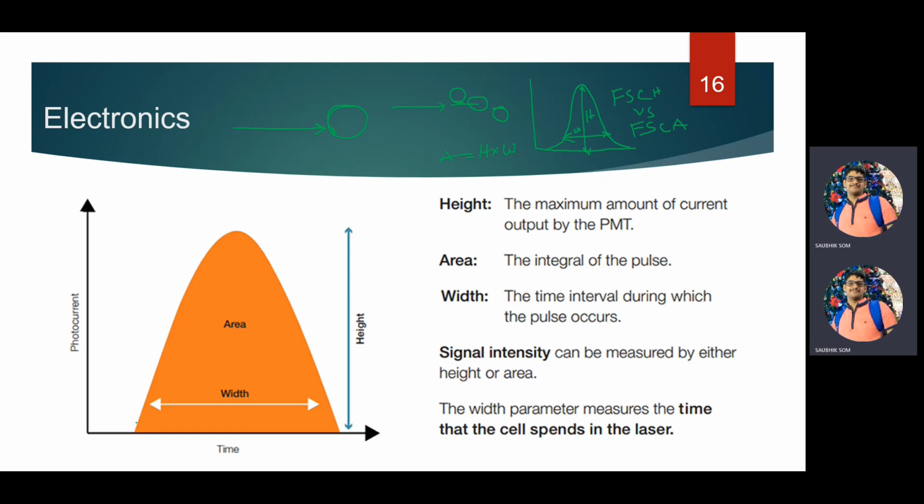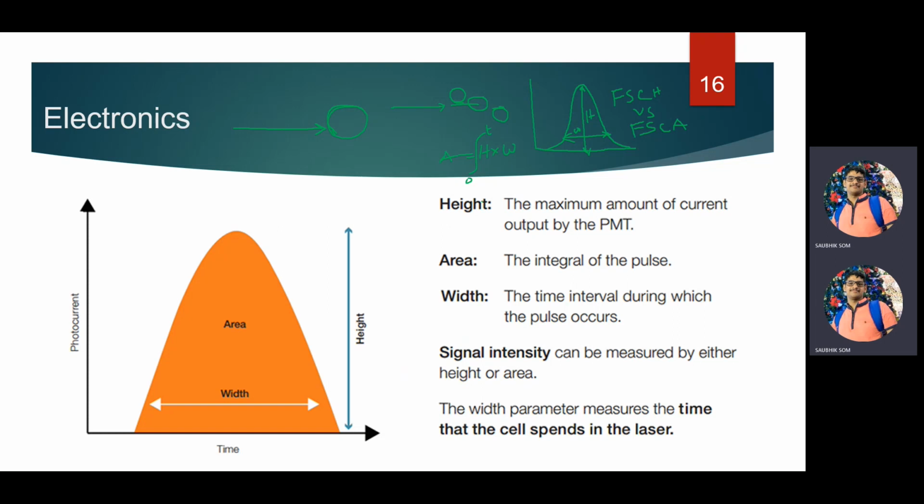But in this case, since this is a Gaussian curve, we have to integrate. So area is basically, from 0 to t, we are integrating the height and width. Okay, so like that.